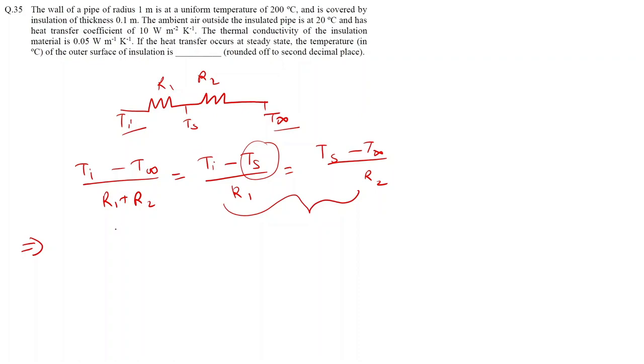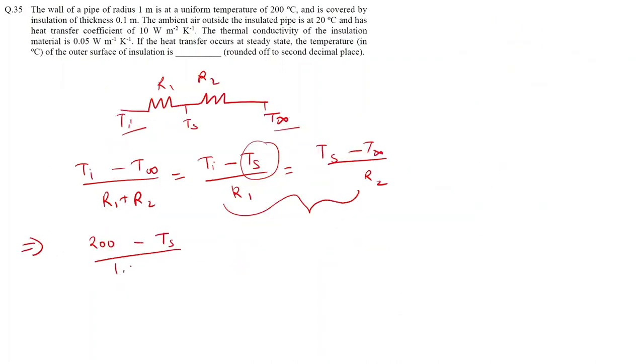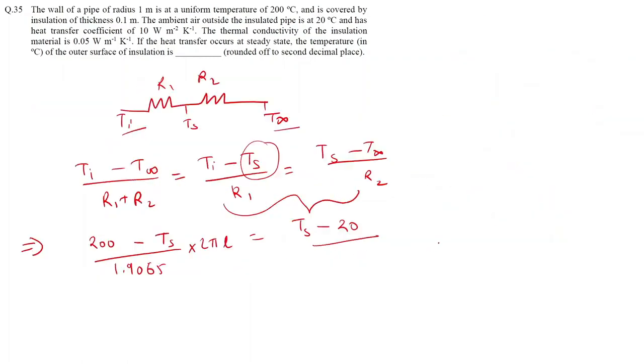So Ti, the inside temperature, is 200 degrees Celsius, minus Ts which we have to find, and R1 is this term, that is 1.9065 upon 2 pi L. This equals Ts minus T infinity, the ambient air temperature was 20 degrees Celsius, and R2 is 1 upon 11 into 2 pi L. So 2 pi L will get cancelled out.